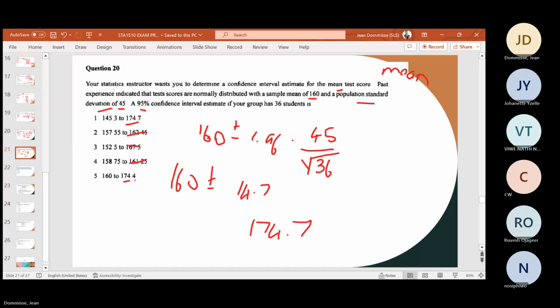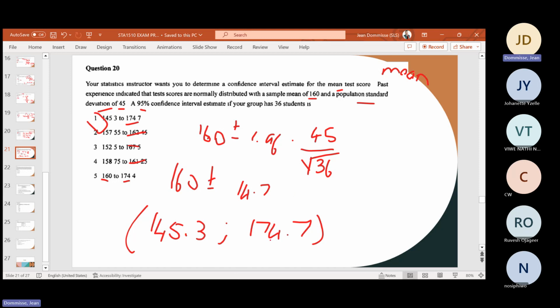Okay, but remember we will also need to have a bottom one. The top one is that, bottom one, we will subtract 14.7. So we will have 145.3. So that is option 1.